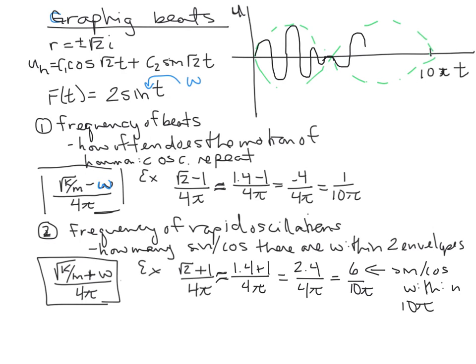And then there's 1, 2, 3. Now it's going to go up 1, 2, and it's going to repeat. So right in here is where the motion starts to repeat itself.